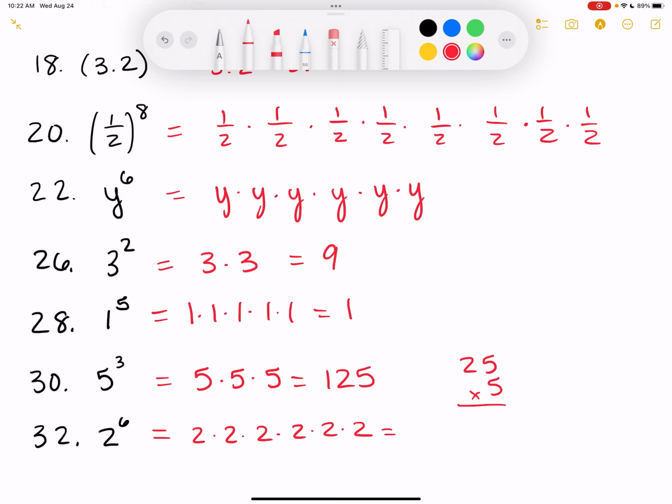So what's 2 times 2? 4. What's 4 times 2? 8. What's 8 times 2? Yep, 16. What's 16 times 2? 32. Yep, 32. And then what's 32 times 2? 64.